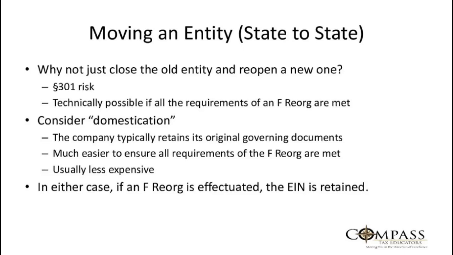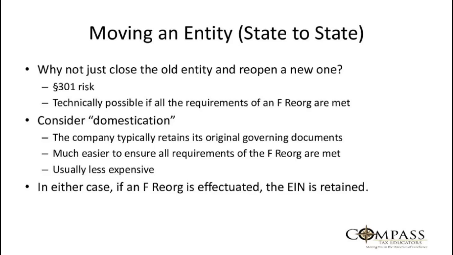Well, if we liquidate our old corporation and it's not under an F reorganization, now we have code section 301 kind of risk, right? Code section 301 is the corporate provision that says if you liquidate a corporation, all of the assets are deemed to be distributed from the corporation.